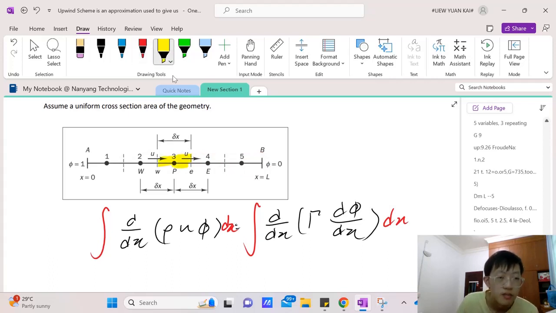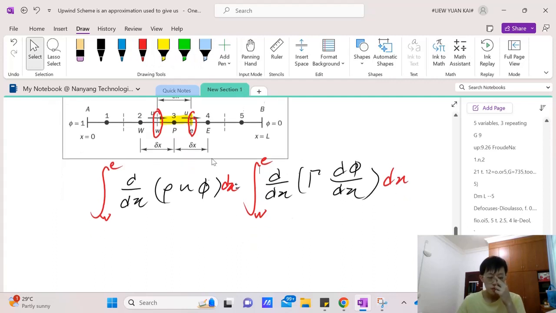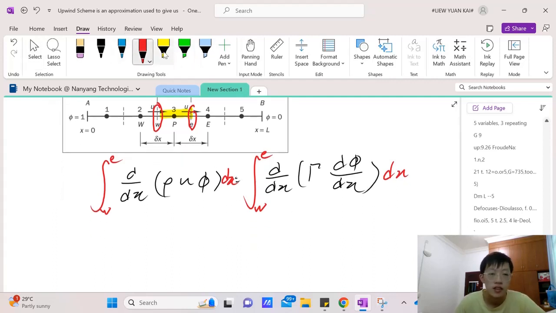Let's look at this control volume. We're integrating from w to e, so we put our bounds of integration as w to e. Let's see how to evaluate this.